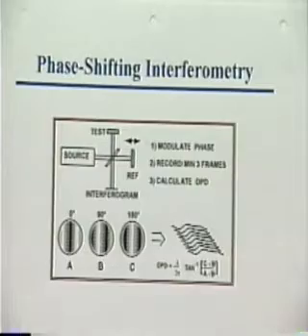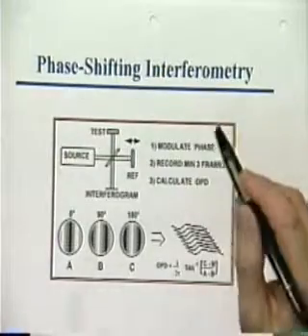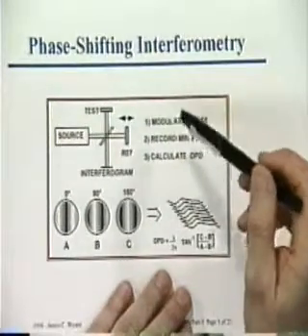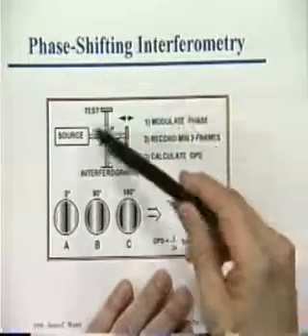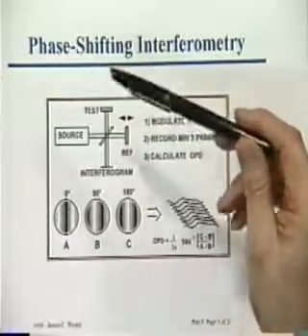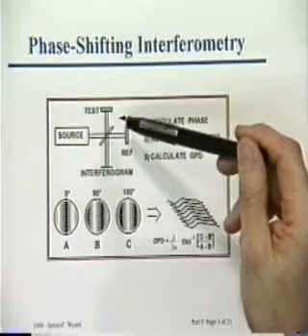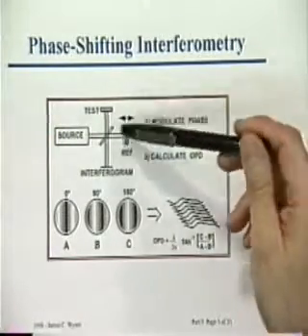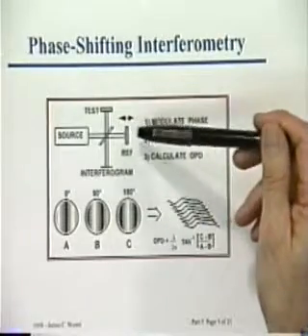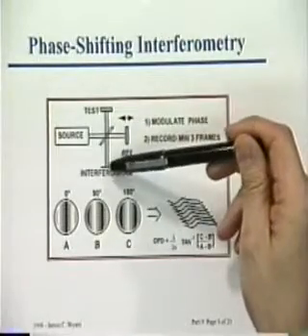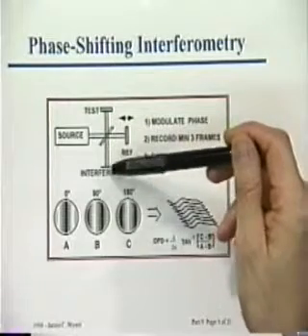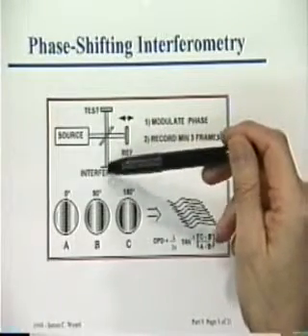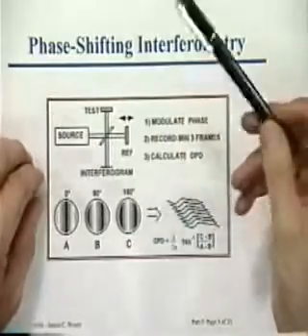The last class we were talking about phase shifting interferometry, and so we want to finish that up today. It's been a week since we talked about this, so let's review for just a minute. We have some interferometer here, in this case a little Twyman-Green, and we have a CCD array looking at the interference pattern, or some detector array anyway, interfaced to a computer.